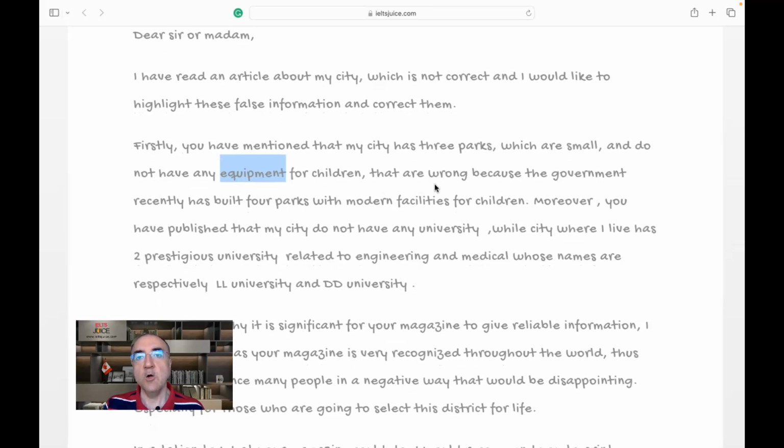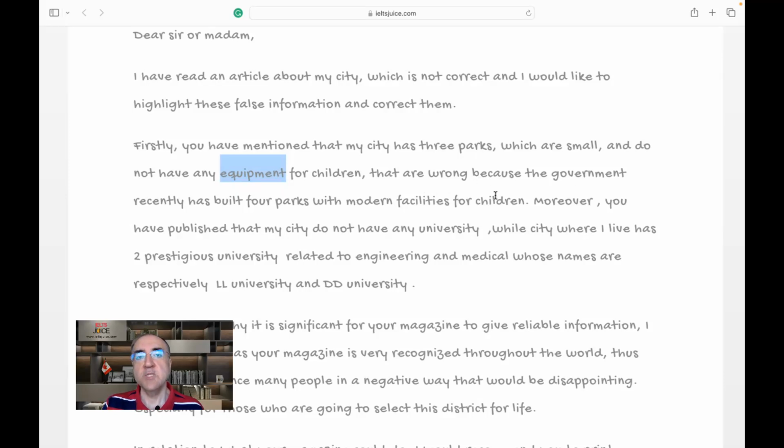Now, "not have any equipment for children, which is wrong", I think, because we're talking about the information. We're not talking about the parks. The parks are not wrong, but the information is wrong. Which is wrong?